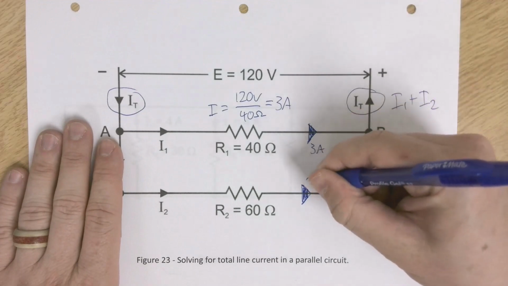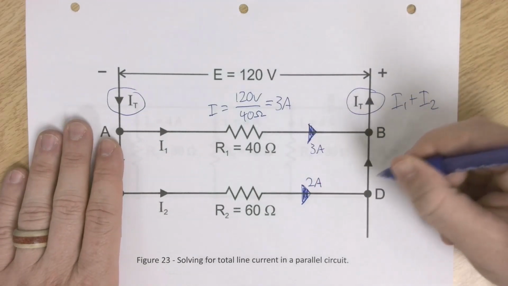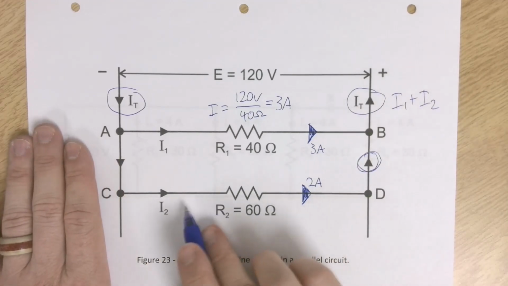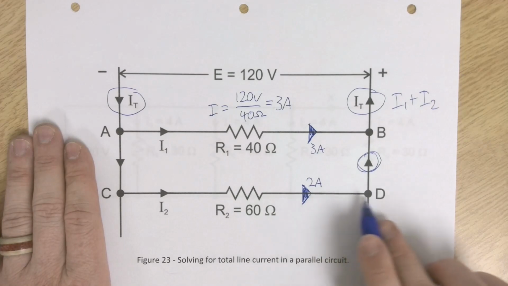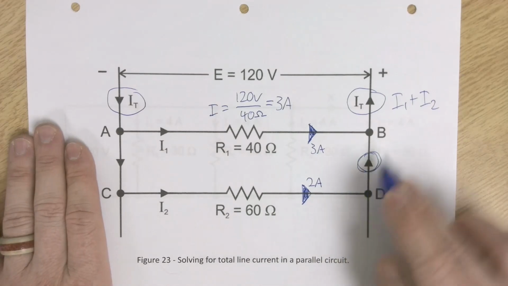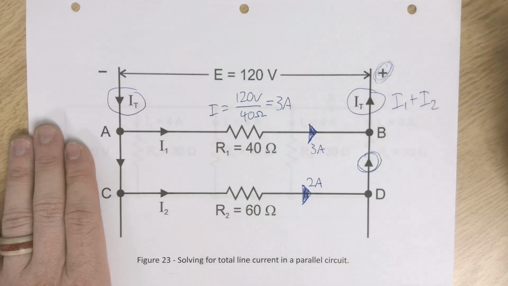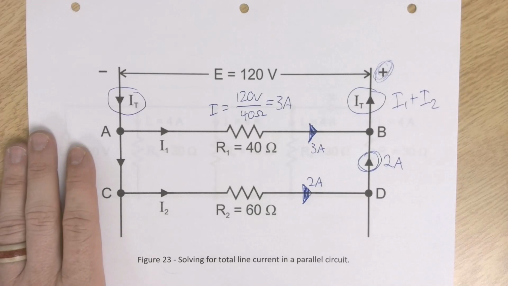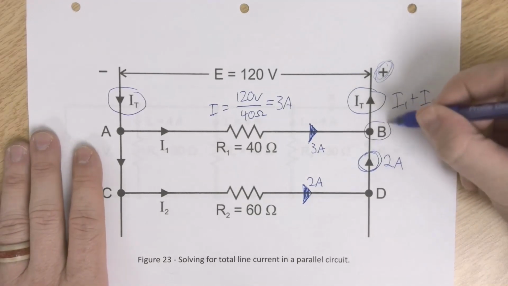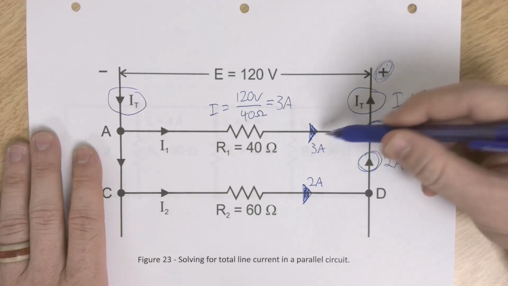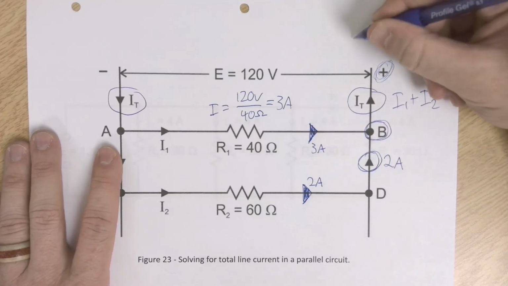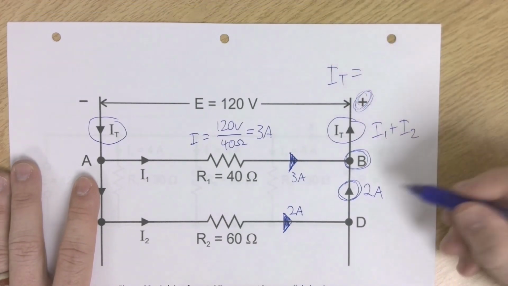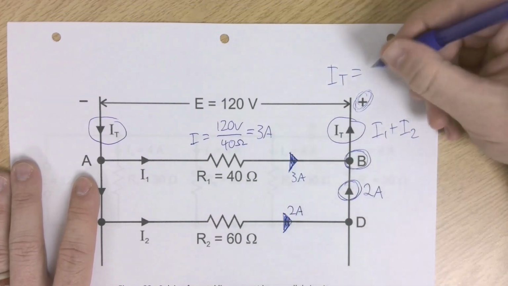that's just 2 amps. So that means at this point right here, I have this current going through this branch. It's hitting this junction D and then going back towards this positive. And so right here, I have 2 amps as well. And then at B, at this junction point, it's going to pick up 3 amps, which means that my I total is going to equal 3 plus 2, which is 5 amps.